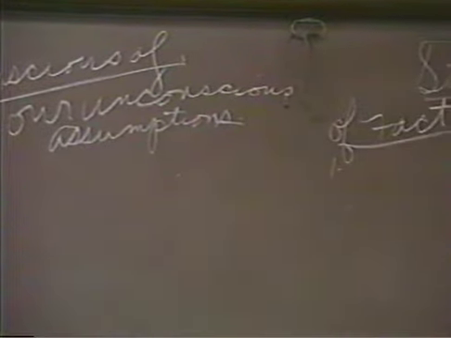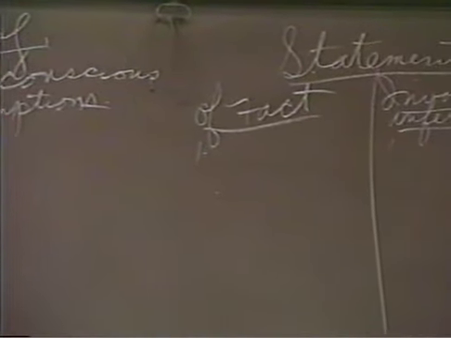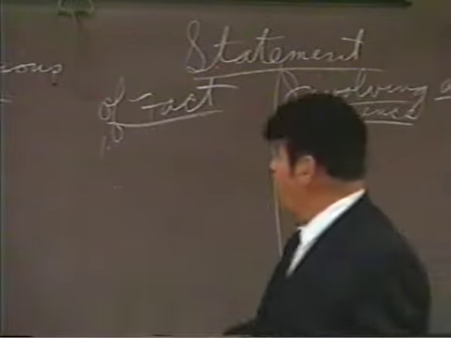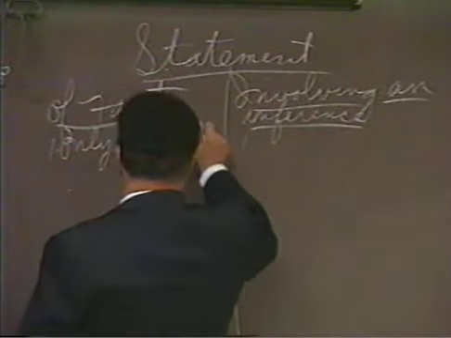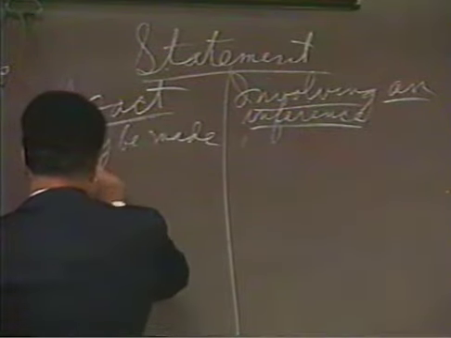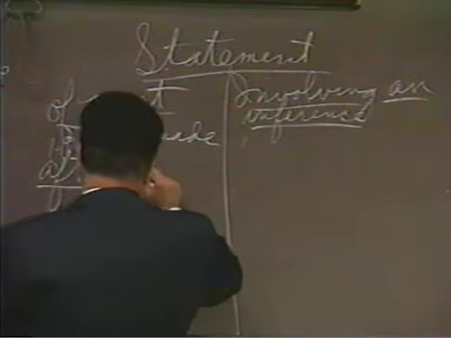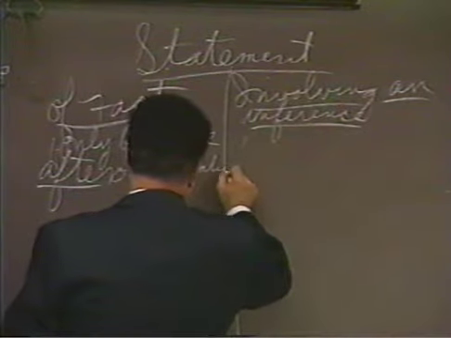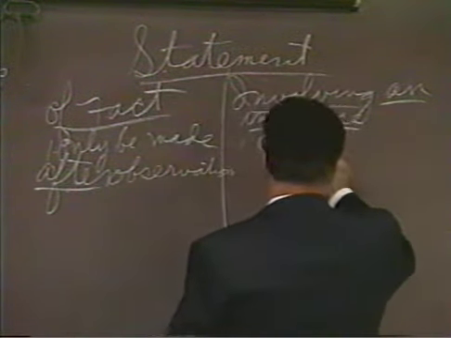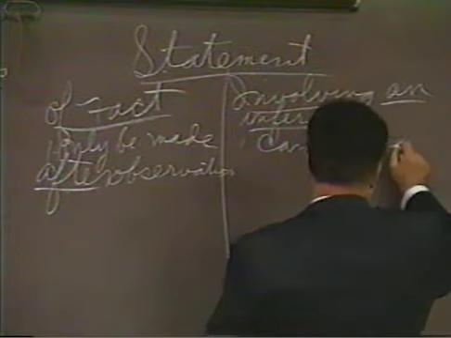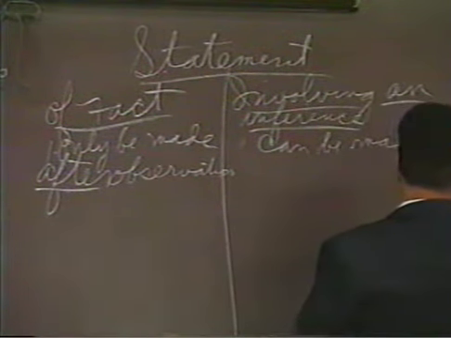Number 1, a factual statement or a statement of fact can only be made after observation, whereas an inference can be made anytime.